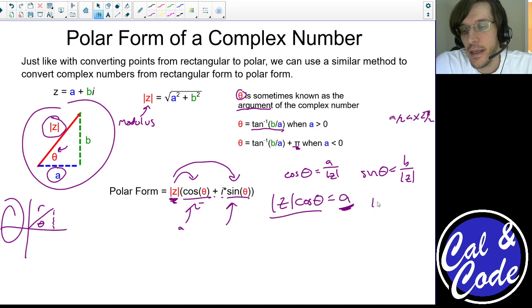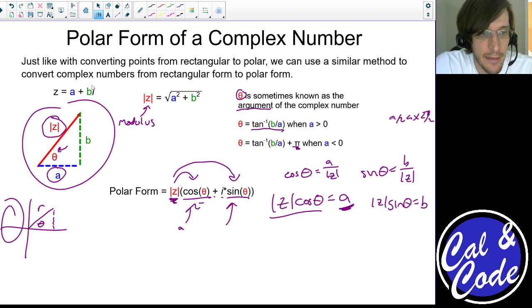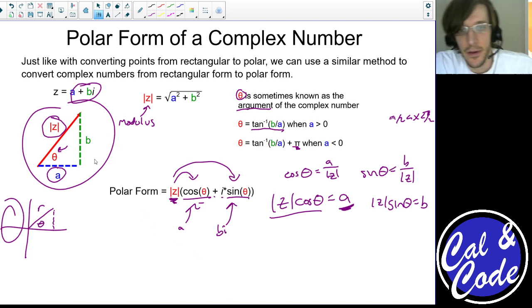If I solve that for b, I get the absolute value of z times the sine of theta is equal to b. So if I multiply this in, then I'd have bi. So there it is, a plus bi written in polar form. You put the modulus on the outside, cosine of the argument plus i times the sine of the argument, and there we have the polar form of a complex number.